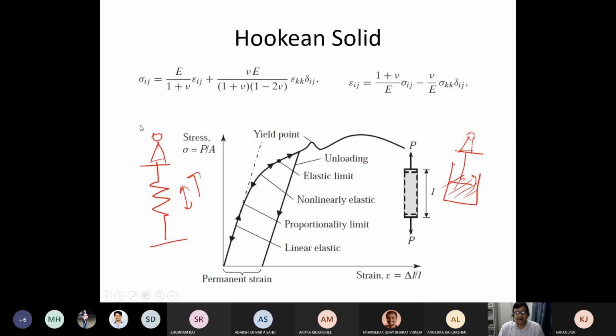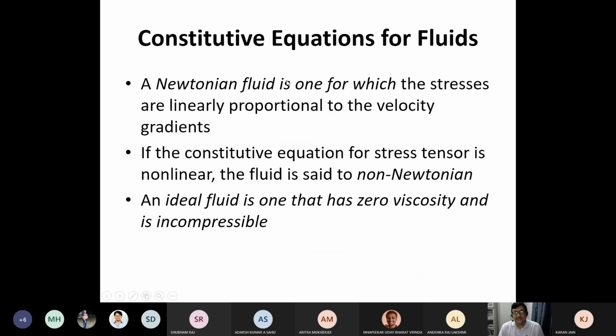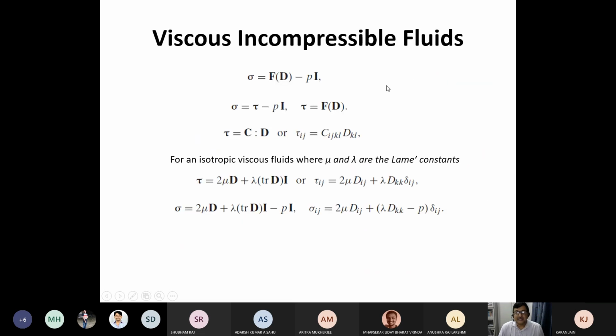So this is the first proposition of a constitutive relation where stress is correlated with strain. Okay, stress is correlated with strain, right? And then any type of correlation of stress to strain rate is called what? It is called the constitutive relation, right? So, you say that this stress is a function of the deformation.